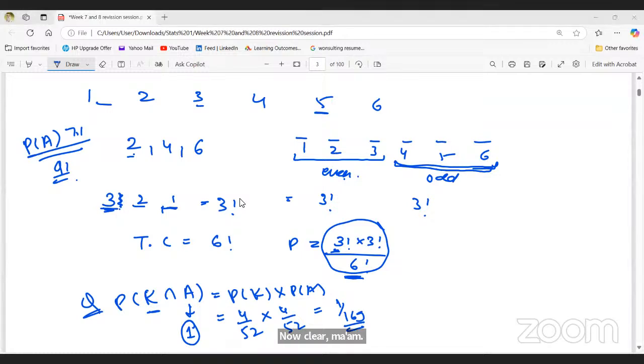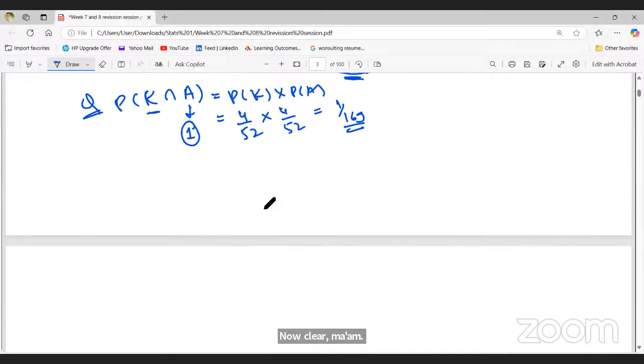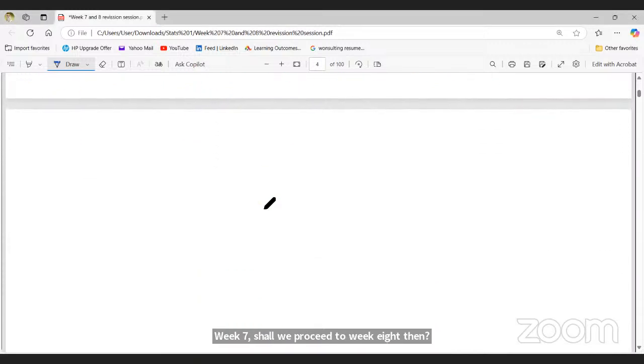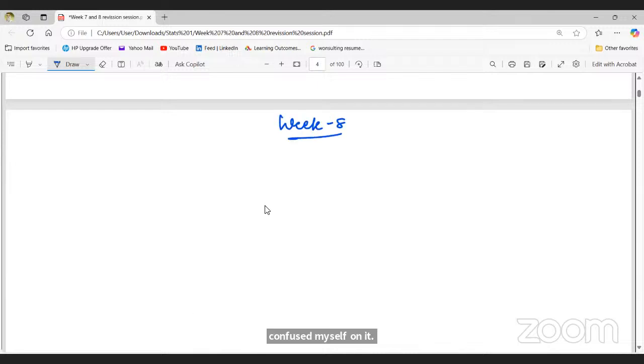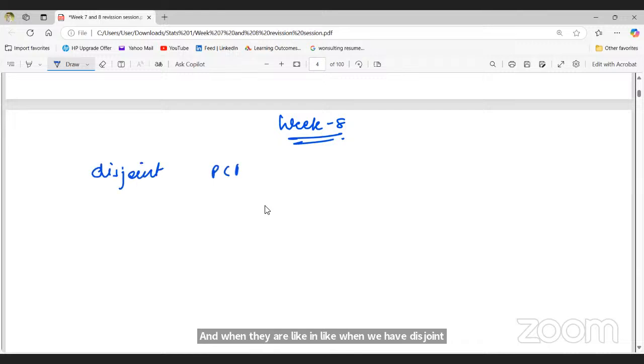Shall we proceed to week 8 then? Ma'am, I have a quick question. It's a very basic question, and I might have confused myself on it. When do you add the probabilities and when do you multiply the probabilities? When events are disjoint, then probability of A union B would be the addition.